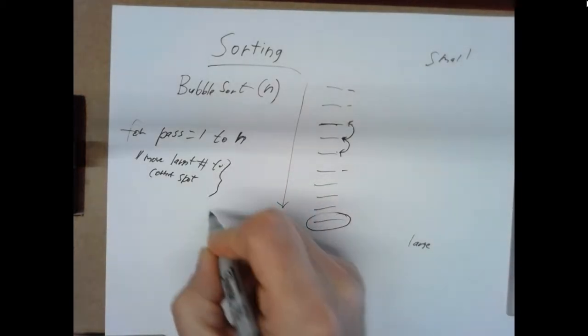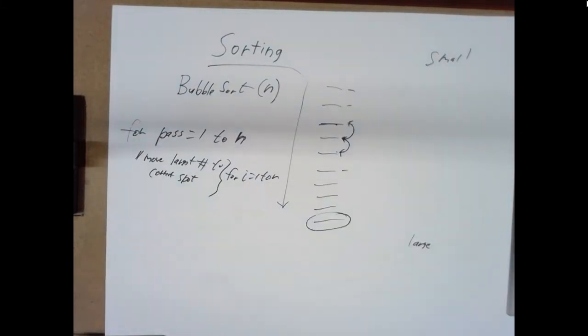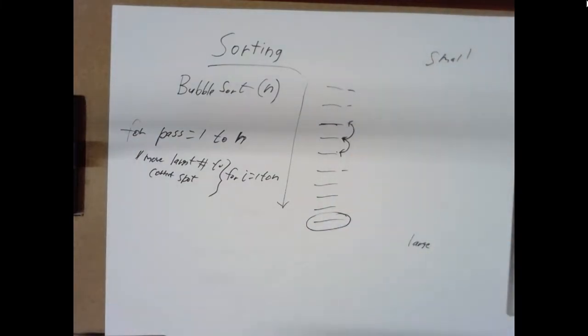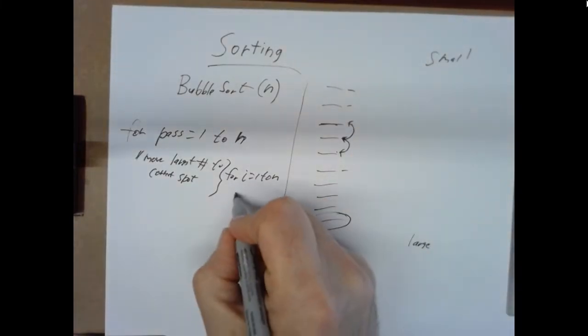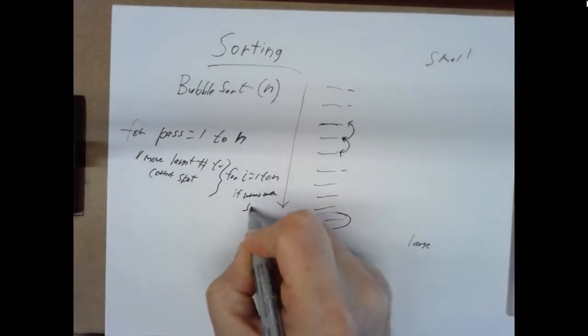And this requires us to go through all the elements in the array, compare each element to the number after it. So for i equals 1 to n, if wrong order, swap.